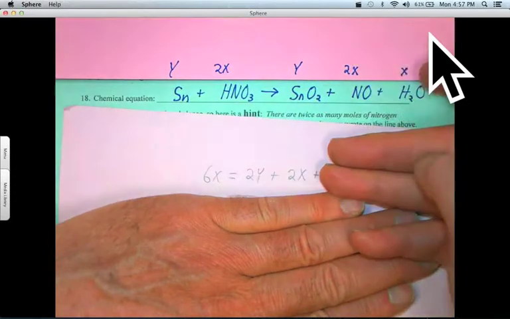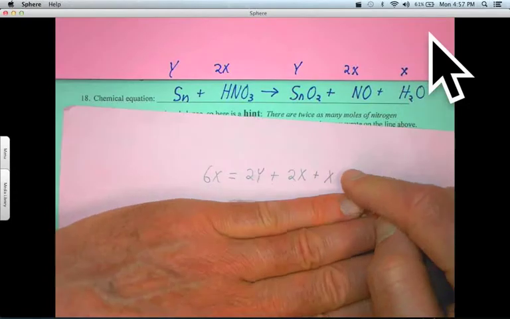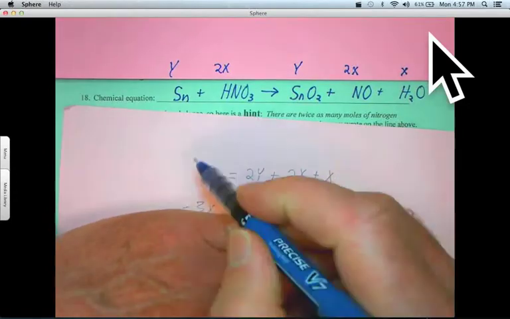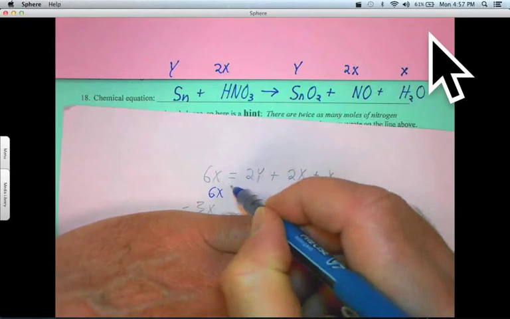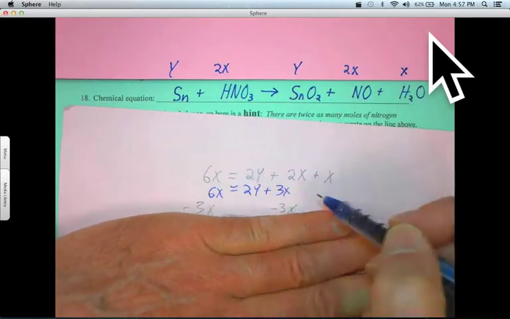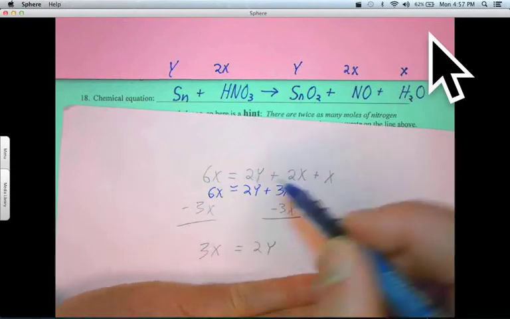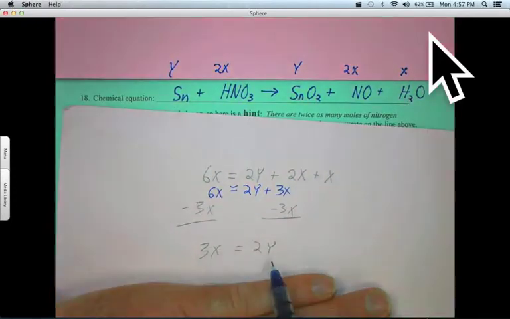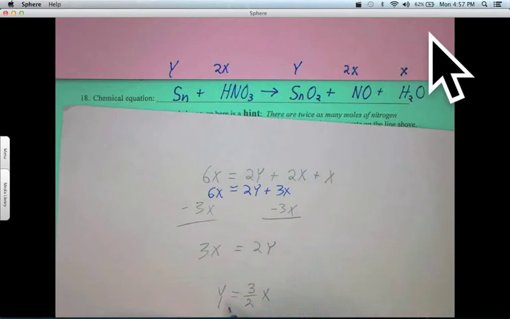And here we have just a single x. So let's simplify that. 6x equals 2y plus 3x. If we subtract 3x from both sides, we get 3x equals 2y, or y equals 3 over 2 times x. The simplest numbers for which that works are 2 and 3.